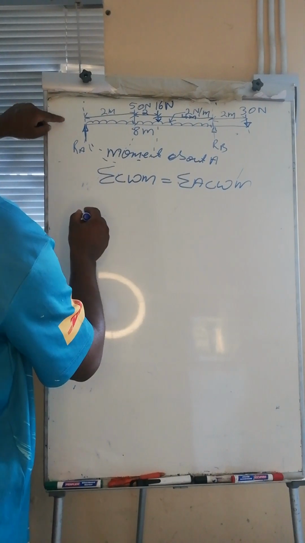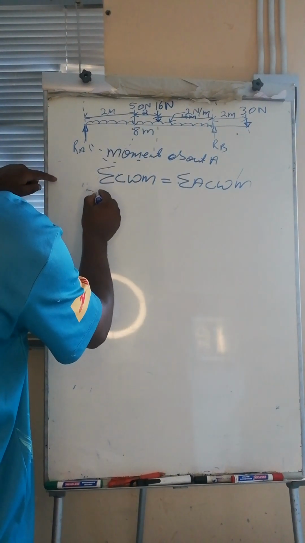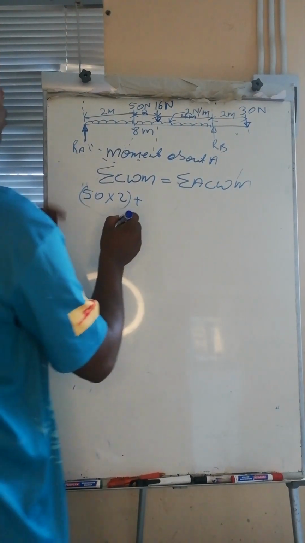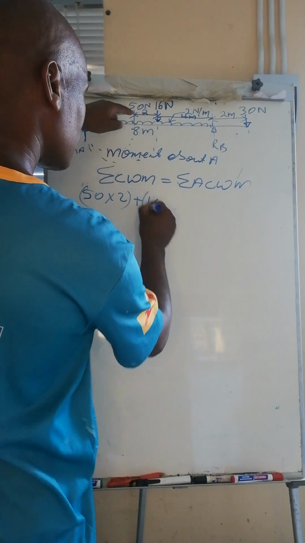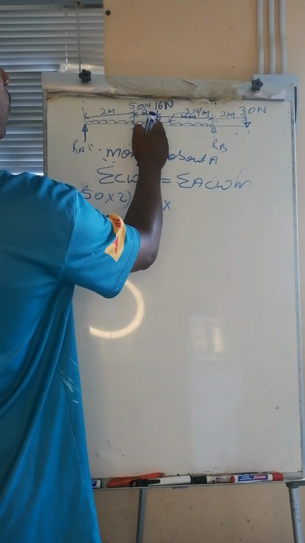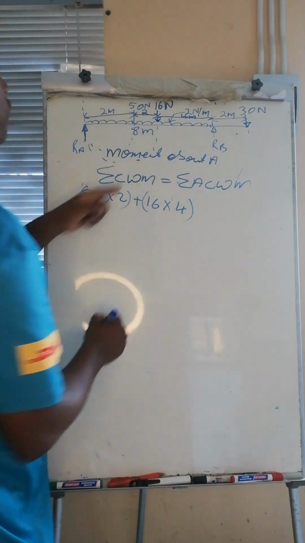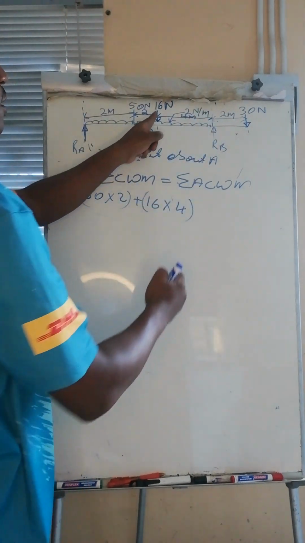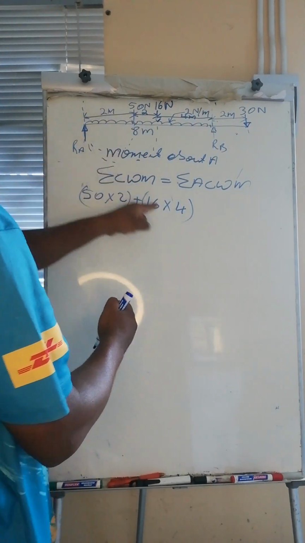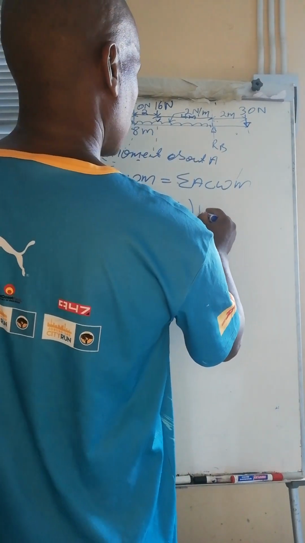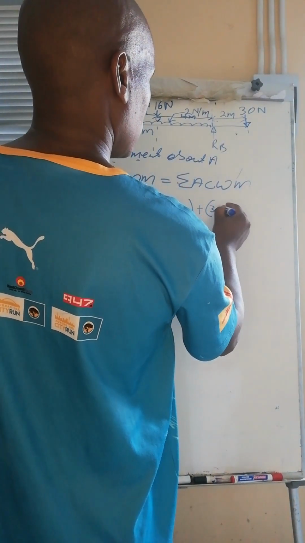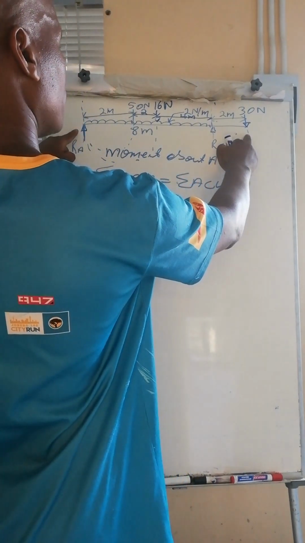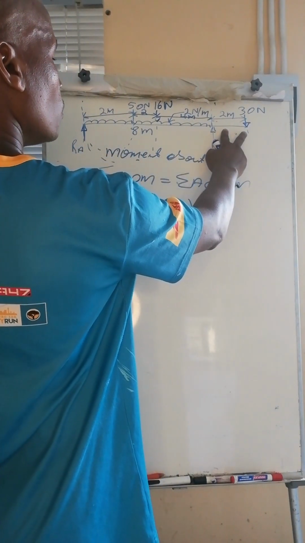So it is 50 multiplied by 2, plus 16 multiplied by 4, because the distance to the center of the 8 is 4 (2 plus 2), plus 30 multiplied by the distance from there to there, which is 10, that is 2 plus 8.